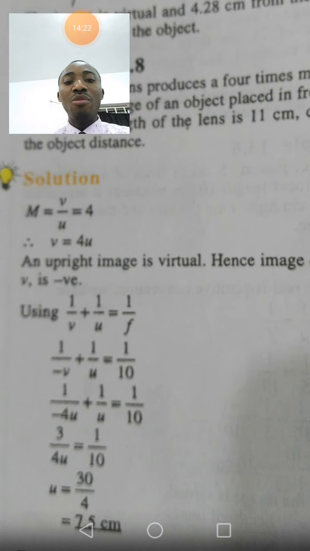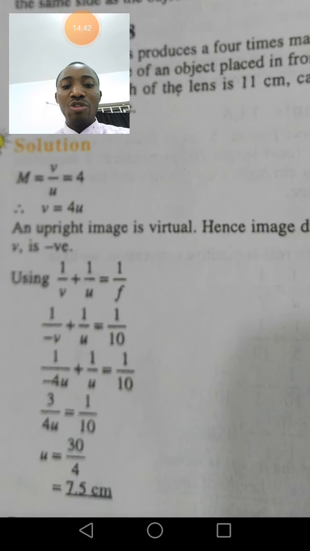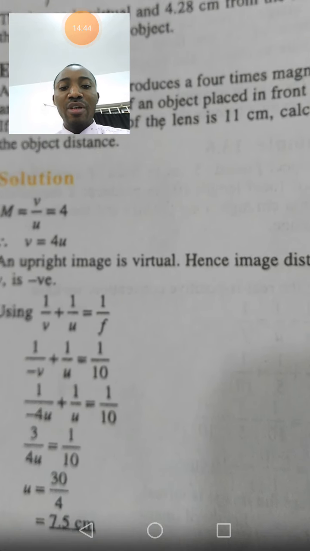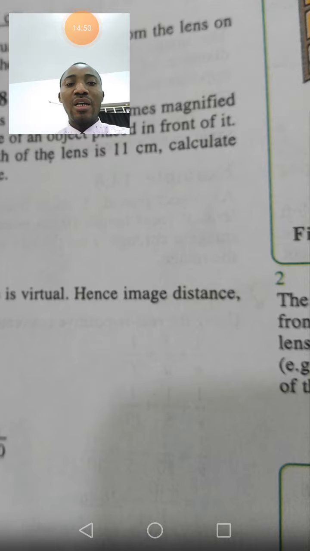That's why you have 1 over minus 4u plus 1 over u is equal to 1 over 11, because in the equation we have f to be 11. If we find the LCM on the other side, what we're going to have will be 3 over 4u equals 1 over 11. So at the end of the day, we have our object distance from that calculation.